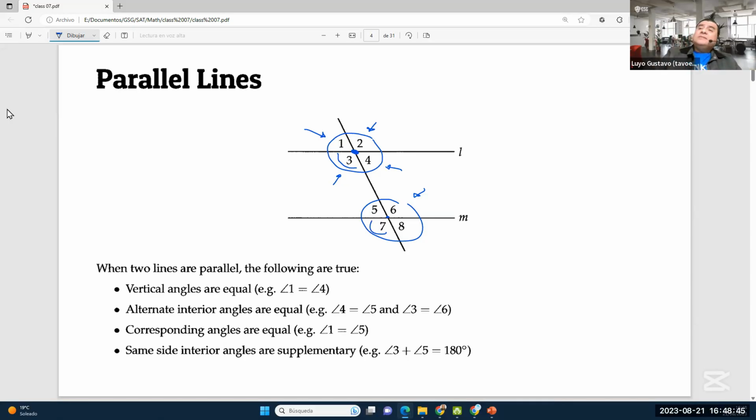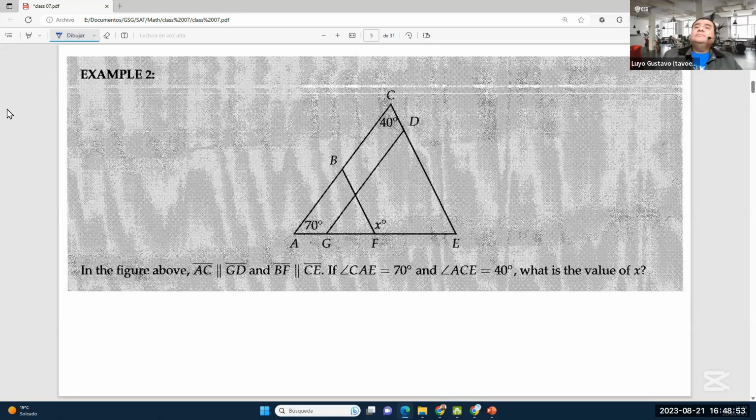So using this basic set of matching angles, we can see questions like this. Take a look. Okay, there's like a little convoluted figure, triangle inside triangles. They tell you that in this figure, segment AC, that is this, is parallel to GD, so parallel to this.